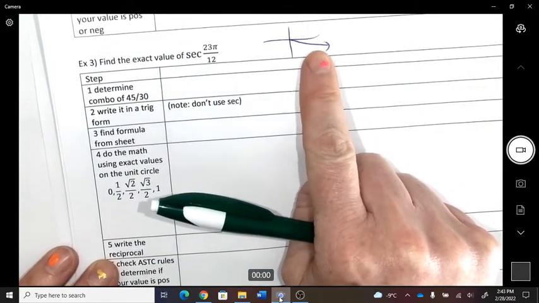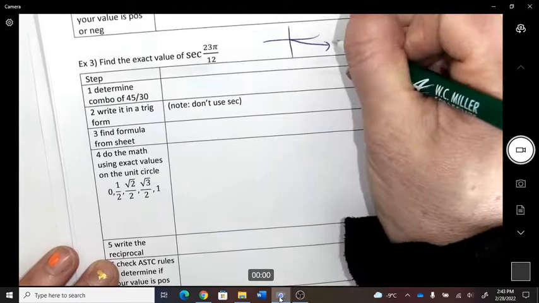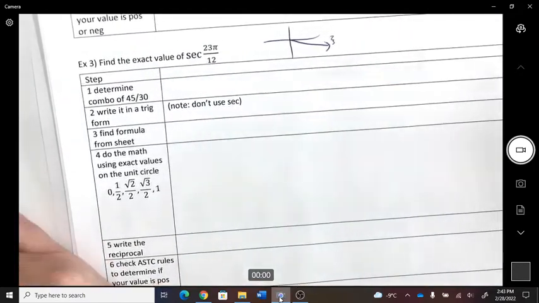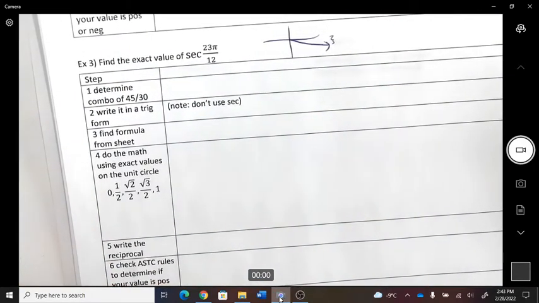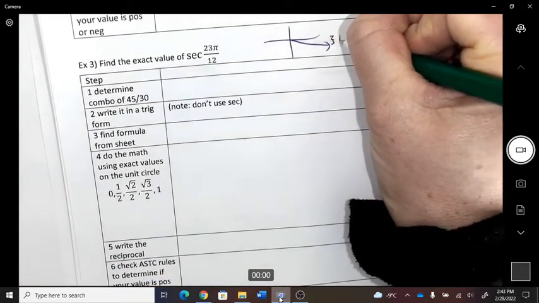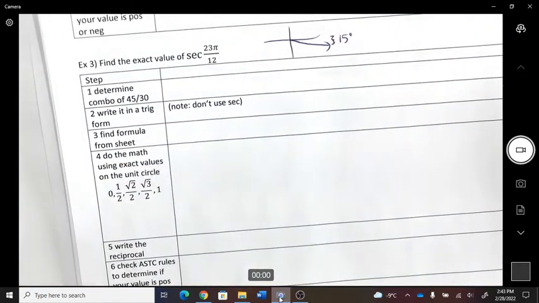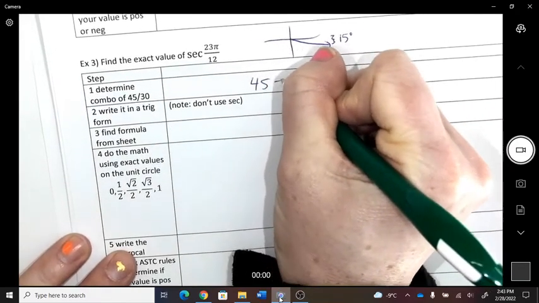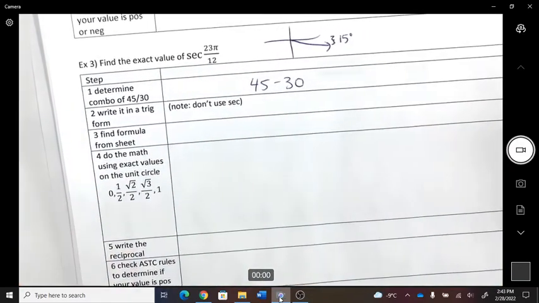Everyone pick this spot? Okay, now, can you tell me the amount? Is it a 15 or 75 amount? What do you think? We're a 15 degree amount of a reference angle. Okay, so then we're going to pick a 45 minus 30.